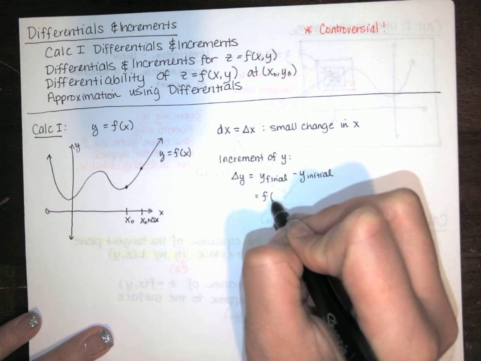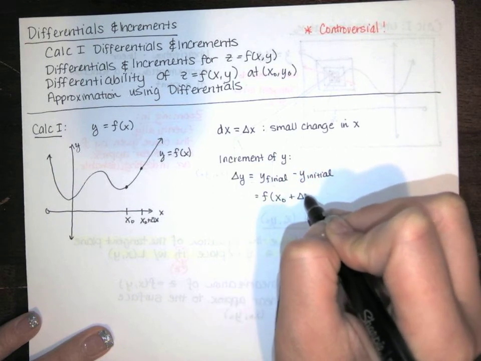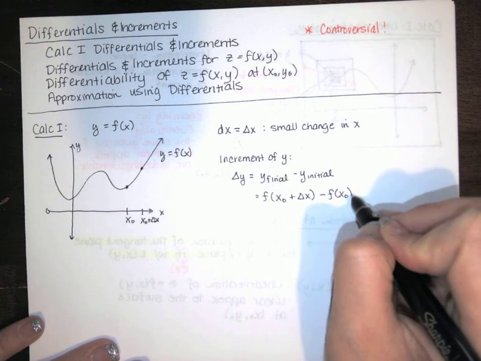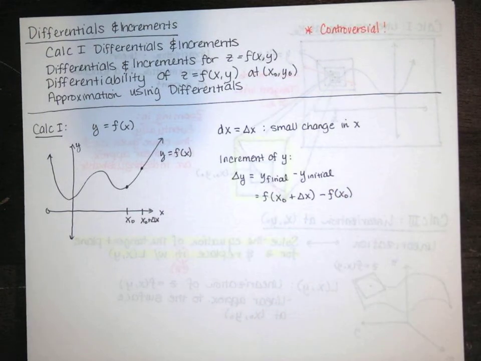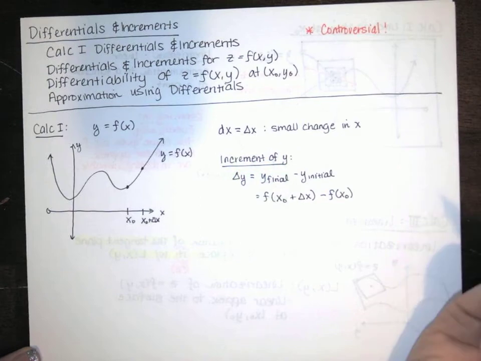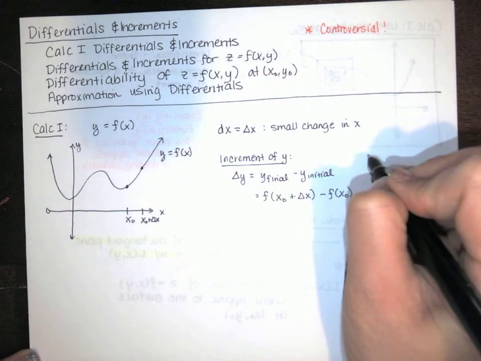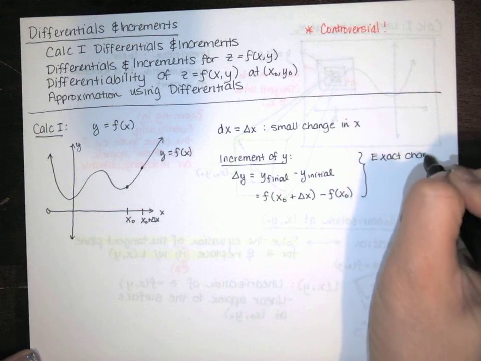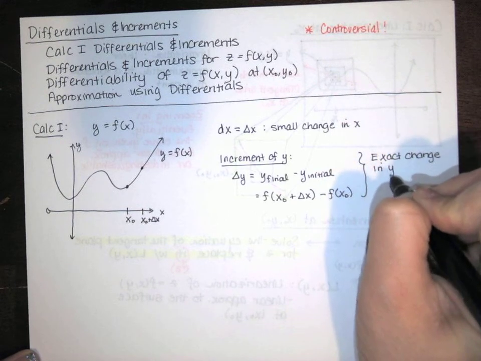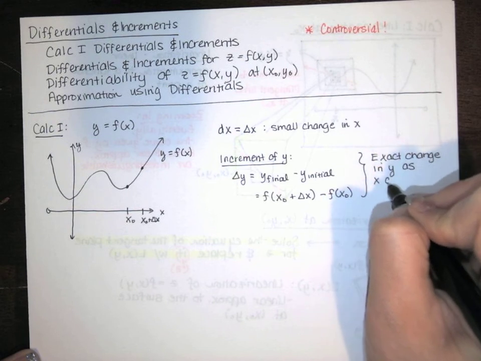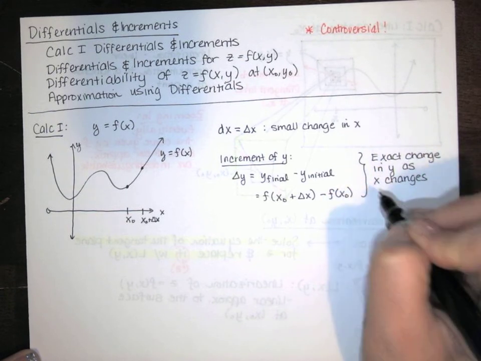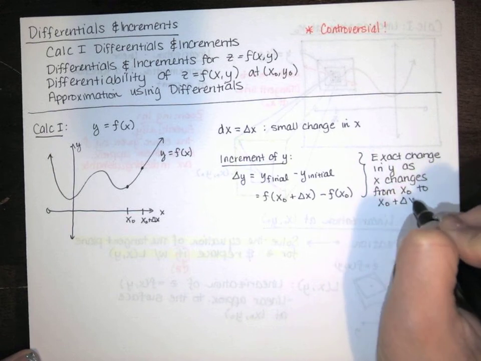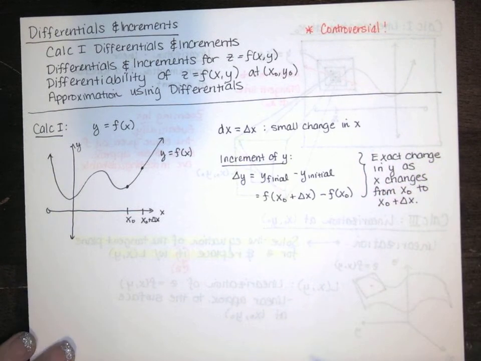Typically, we say the final y value is f of x naught plus delta x, and the initial y value is f of x naught. So we're just taking those y's and we're subtracting them. We're calling that the increment of y. This is the exact change in y as x changes from x naught to x naught plus delta x. Okay, so that's the increment.